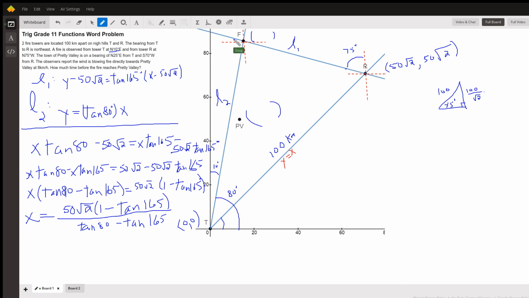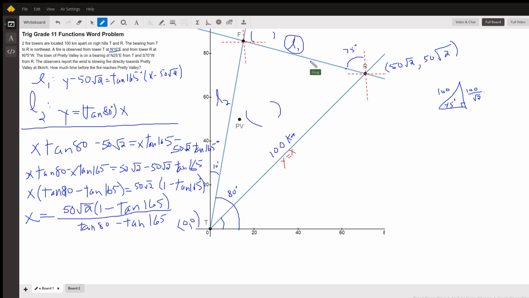So to find the equation of line FR, which I'm referring to as line 1, we need to find the slope of that line and then use the point slope formula for a line passing through point R, 50 radical 2, 50 radical 2. We are told that the fire is north 75 degrees west of R. So that means the direction from R to F is along this line.